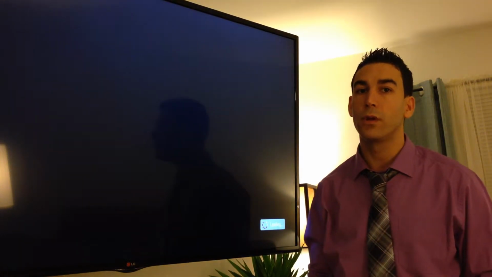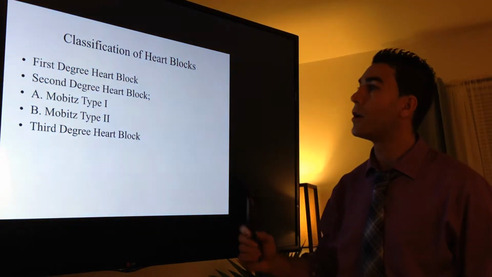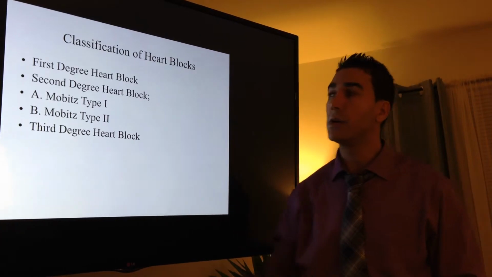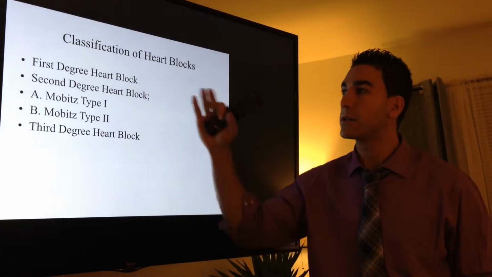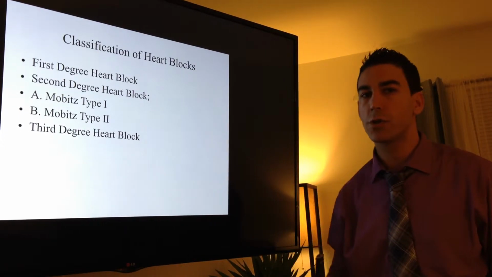Now as we go through the next slide, we're going to talk a little bit more specific about the classification of the heart blocks. The first one is the first degree heart block. These are the different types of it. First degree doesn't necessarily have a treatment.